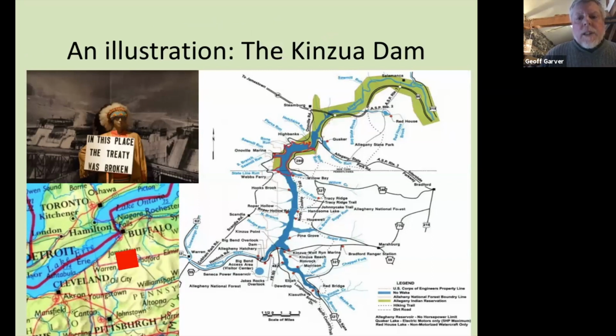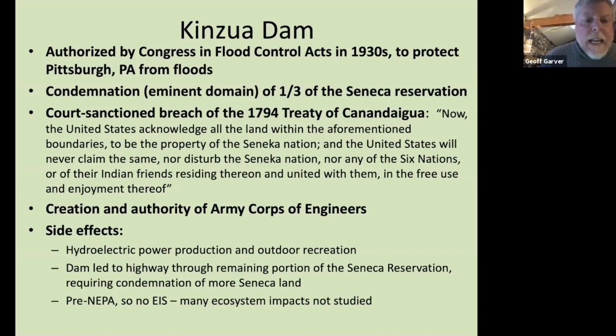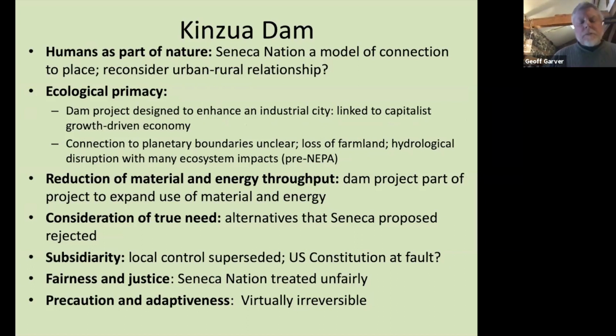It was a dam that flooded a good portion, a third of the land of the Seneca Nation, their reservation, which under a treaty in 1794, the United States agreed would never claim nor disturb the indigenous people's use of, and they breached that treaty, and that breach was upheld by the federal court system. So this is another example that raises a different but very interesting set of issues that I won't go into right now. They're listed out again in the PowerPoint, which we'll make available to you.